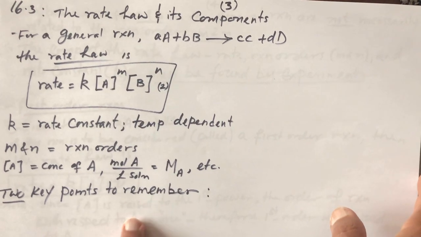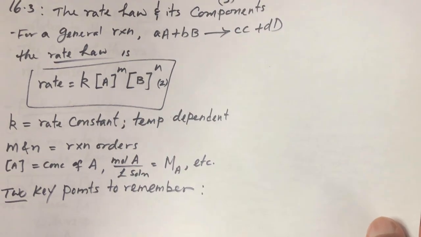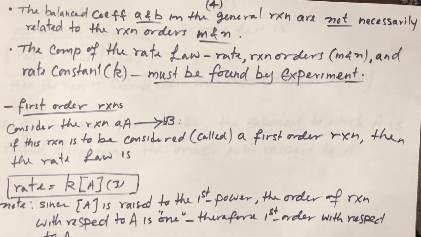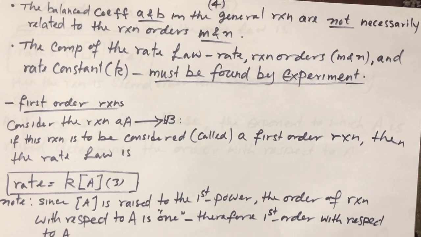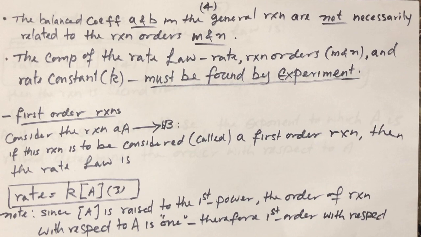So two key points to remember about this rate law expression, which is equation 2. The balanced coefficients A and B in the general reaction are not necessarily related to the reaction orders M and N. In other words, we cannot just write a rate law based on the balanced coefficients appearing in that equation.